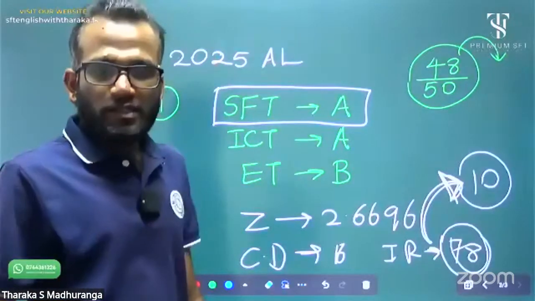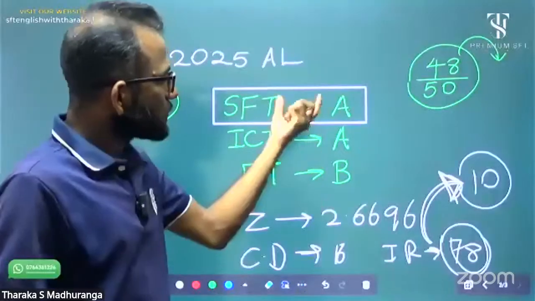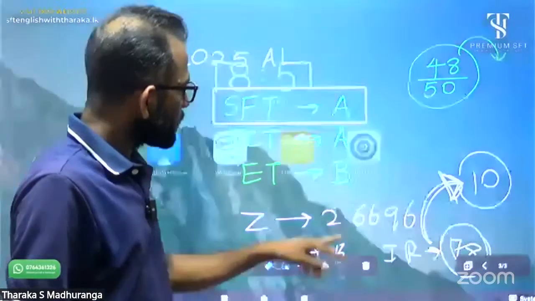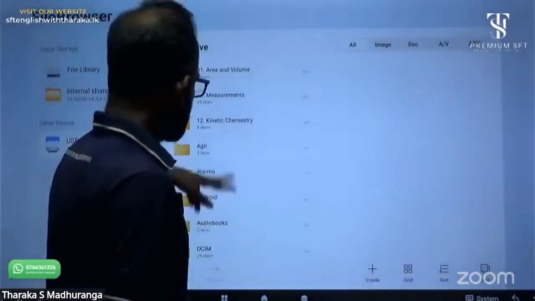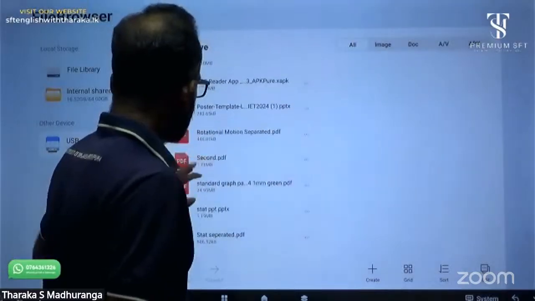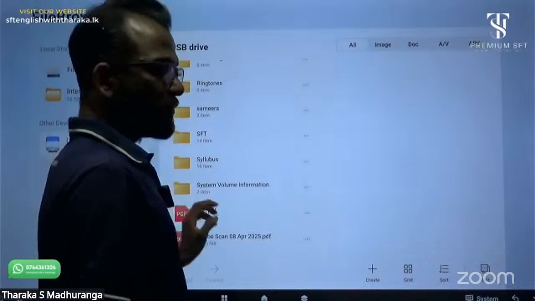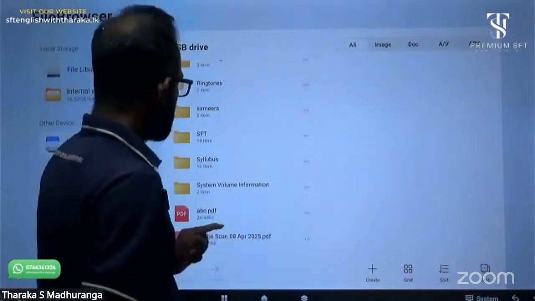More than 90 marks. Okay, it is not an easy thing. I'll show you the difference. If you get more than 90 marks for any subject, that's the difference.